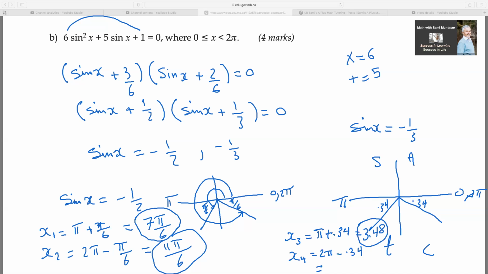And this will be 2 pi minus 0.34 equals 5.94. So this one will be 5.94. And now all of these are your answers, all the circled ones right there. And this is done. Let's move on to the next question.